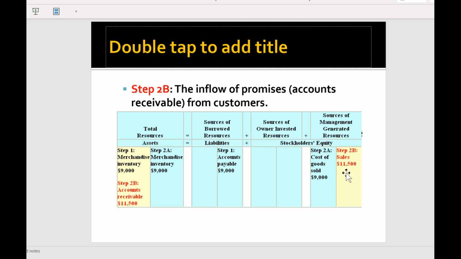Now in reality, we could do step 2A and step 2B in whichever order you would like. You could record sales first and then cost of goods sold, or cost of goods sold first and then sales. It's up to you. The order doesn't matter.